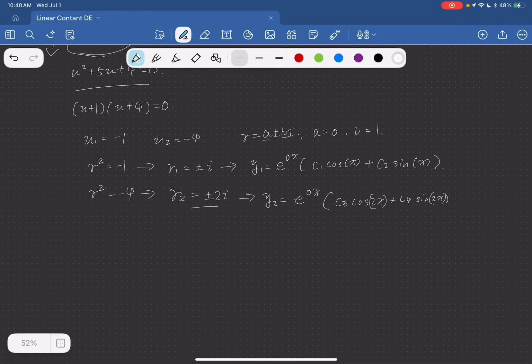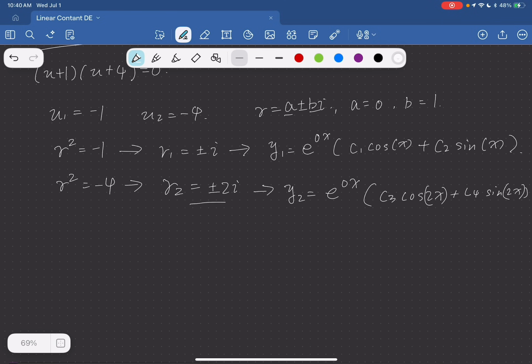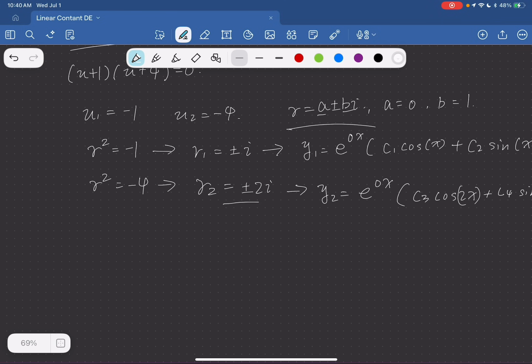And eventually, alright, let's recall the complex solutions formula. If we got a complex number, the solution will look like this. And we just put a and b into their corresponding part.